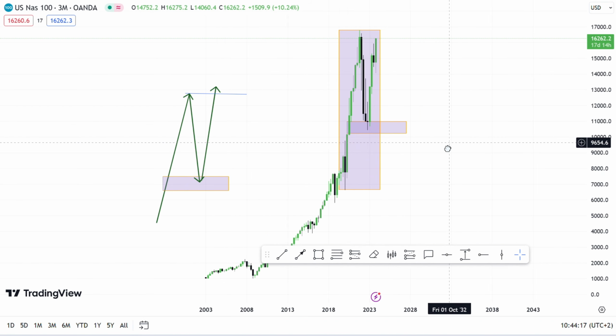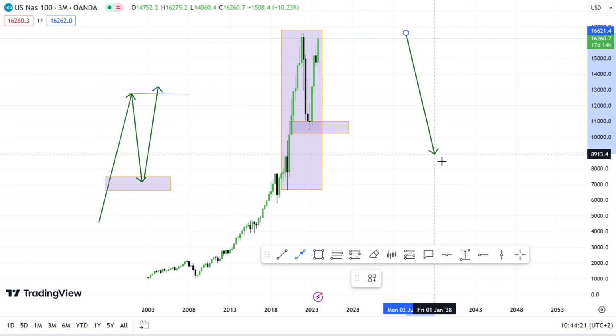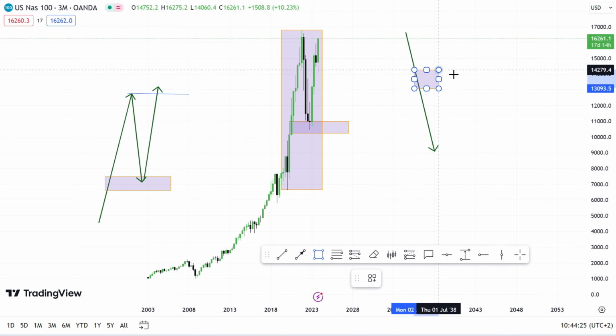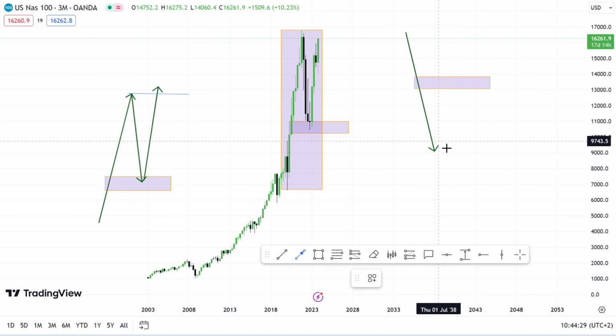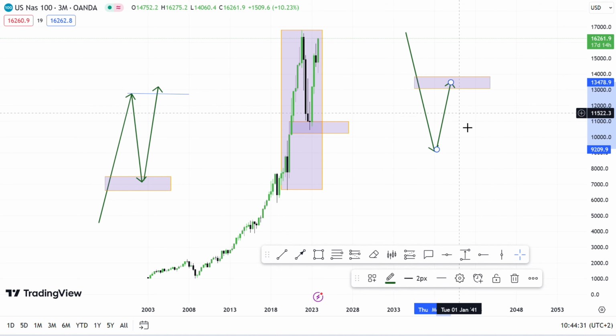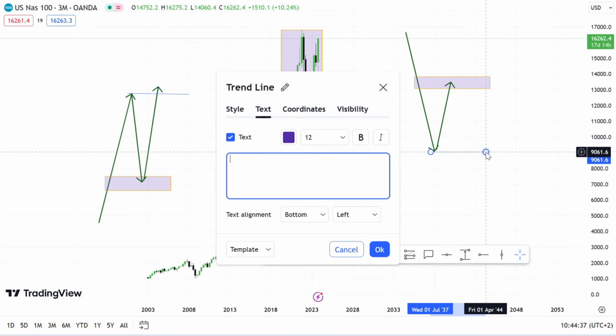Another example is when you go lower. When you go down, you just use the inverse of it. There's a fair value gap somewhere here. You go back into that area and you come back and target this low. A low will be marked with what?